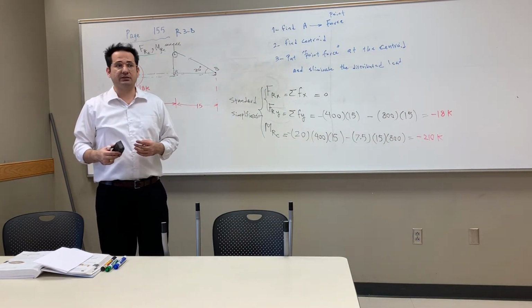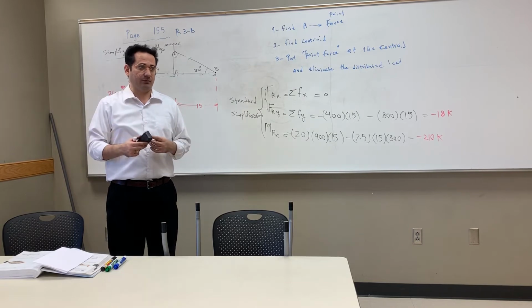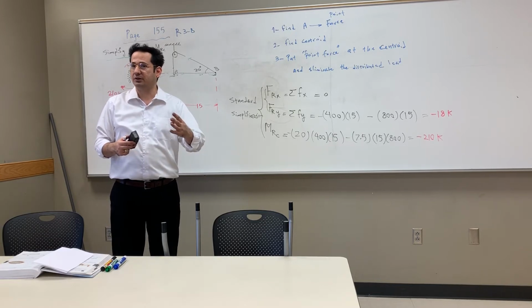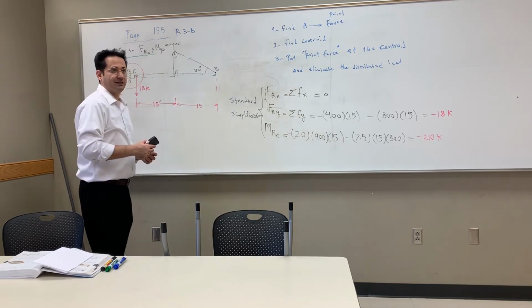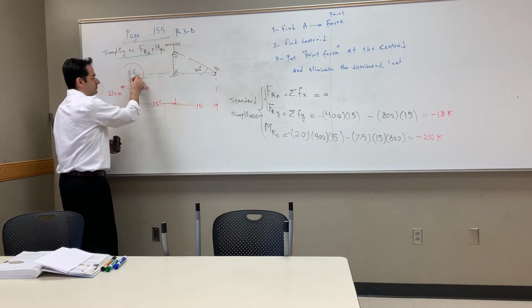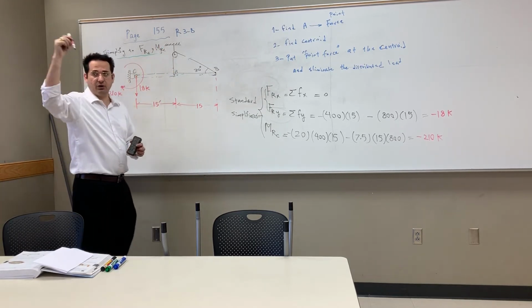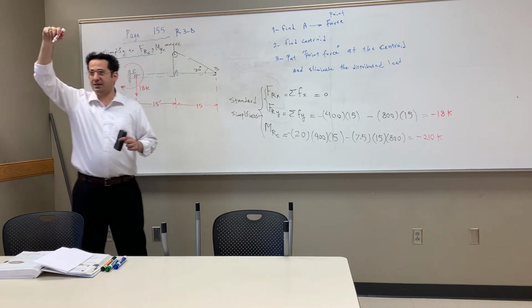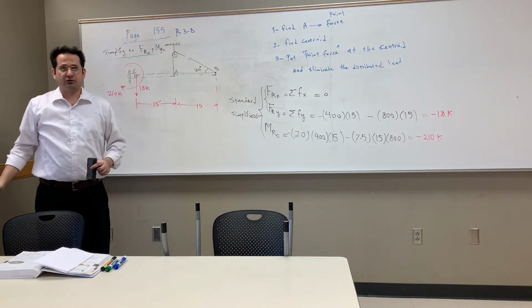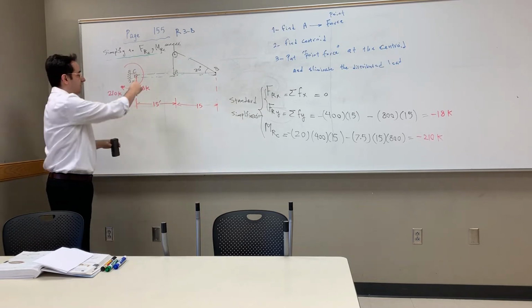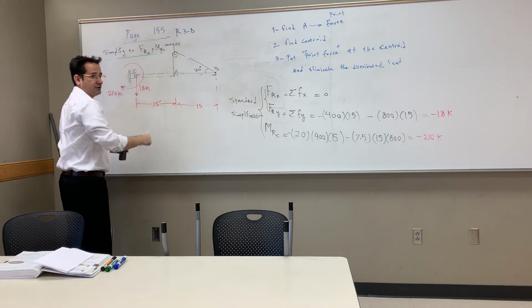Now we want to get the most simplified form. So we can go one step further and simplify it a little bit more. So what do I get? At the end of the day, I want to get just one single force, not moment and force. I want to get one single force that has the same effect of torque on the system, so that I can get rid of this and replace it with one single force.